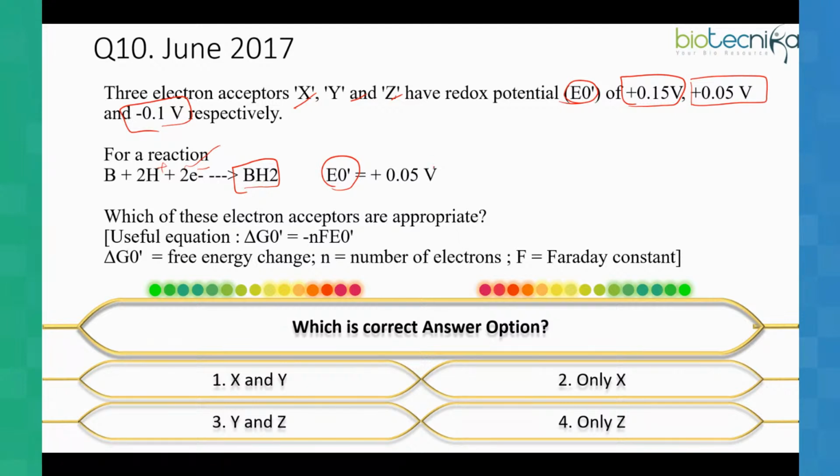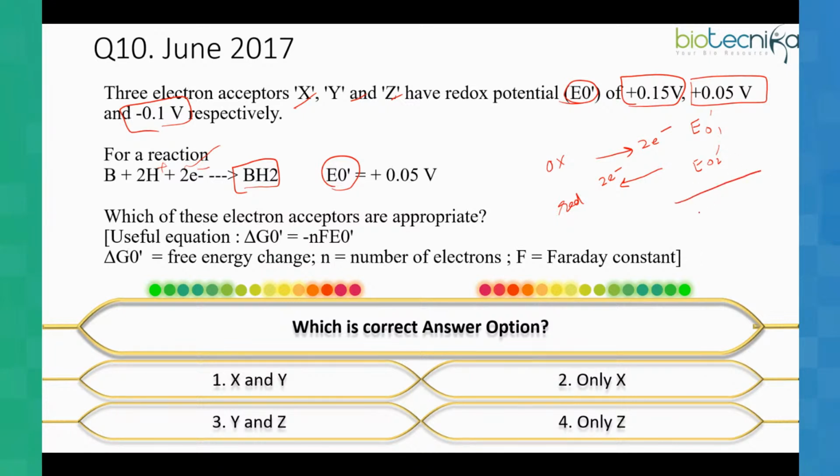This is already given. See, whenever you have oxidation reduction reaction, there will be some oxidation from where the electrons will be lost, and there will be a reduction in which the electrons will be accepted. Okay. So this will have a separate E0 dashed, and this will have a separate E0 dashed. So E0 dashed 1 and E0 dashed 2.